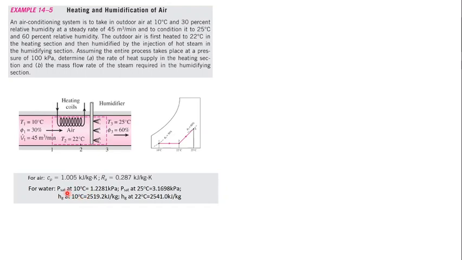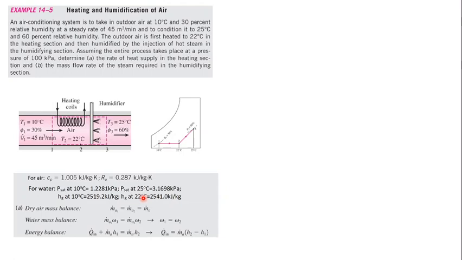So this is the pressure involved at 10 degrees C. This is the saturation pressure at 25 degrees C, and this is the enthalpy at 10 degrees C, and this is the enthalpy at 22 degrees C. So the first thing that we look at here is the mass balance formula.